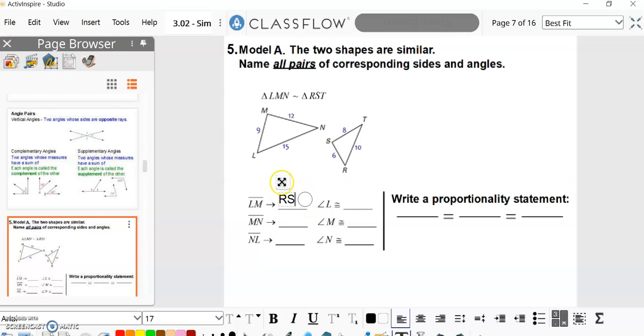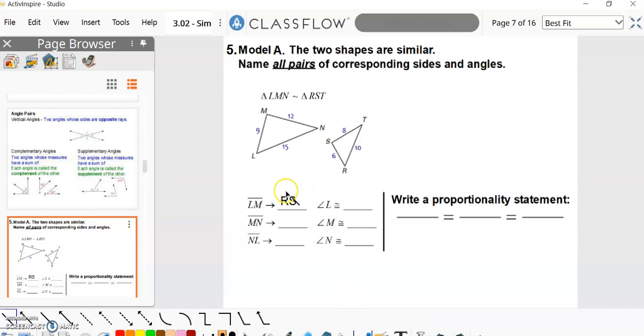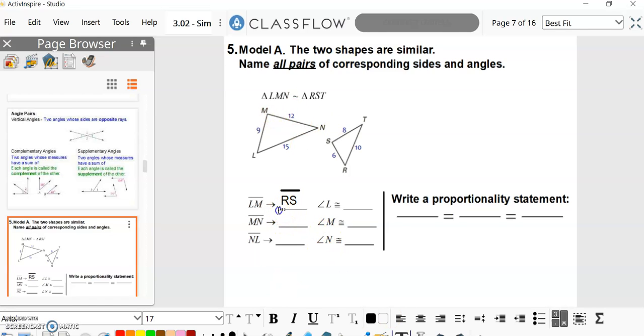And I should have a line over the top of this. I don't know how I can easily do it in this. See here. There we go. There's my line across the top. Now, segment MN, or side MN, is similar to, what is it going to be, ST. And there should be a line across the top there.